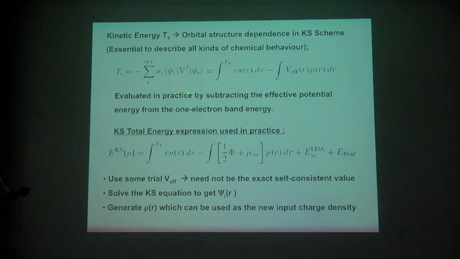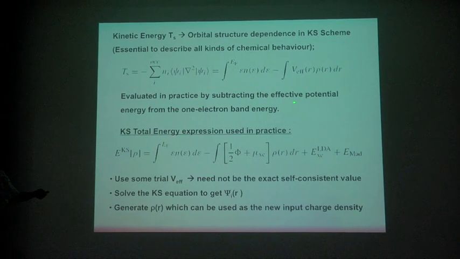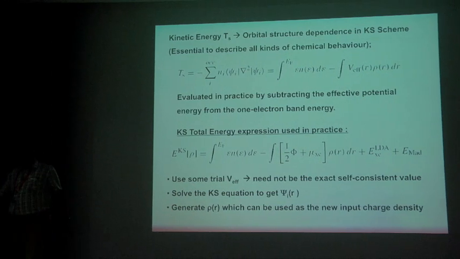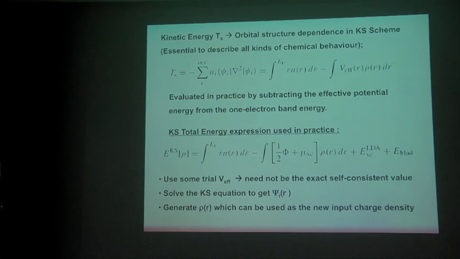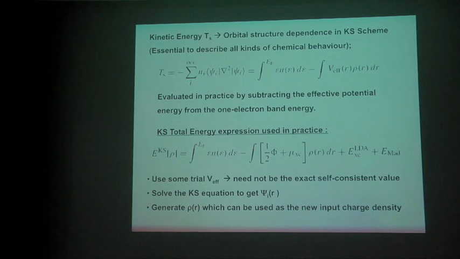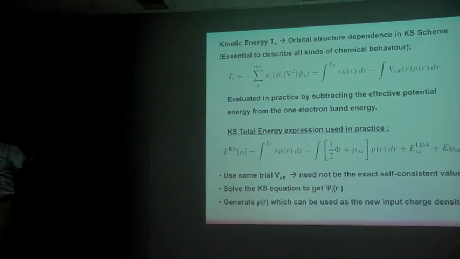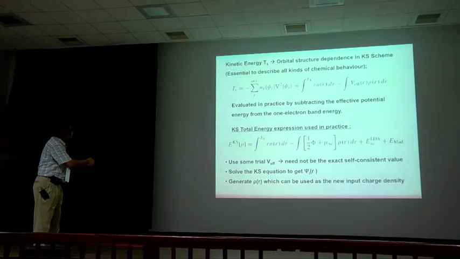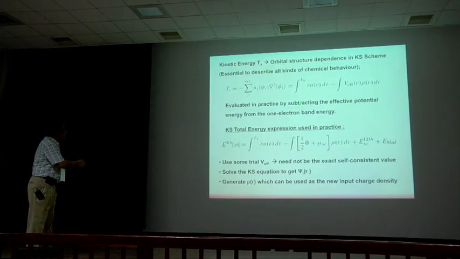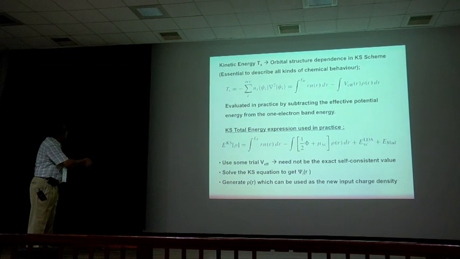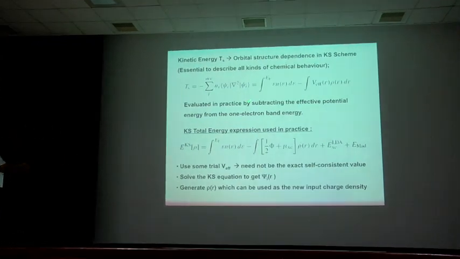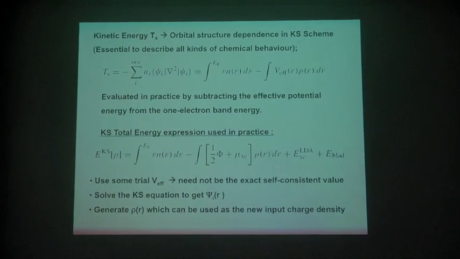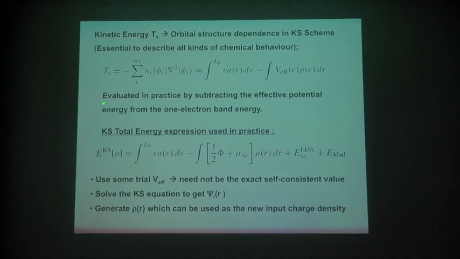This is evaluated in practice by subtracting the effective potential energy from what you call the band energy. Now you go to whether it is Quantum ESPRESSO or Wien2k or VASP, you get the expression for the band energy, and that is this term, integrated up to the Fermi level. Okay, this is the band. So from the band energy, you subtract the total Kohn-Sham effective potential, and you get the kinetic energy.